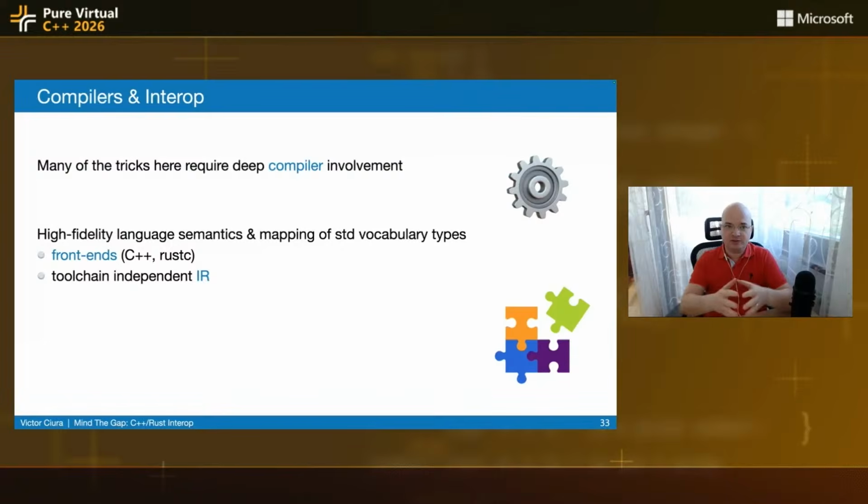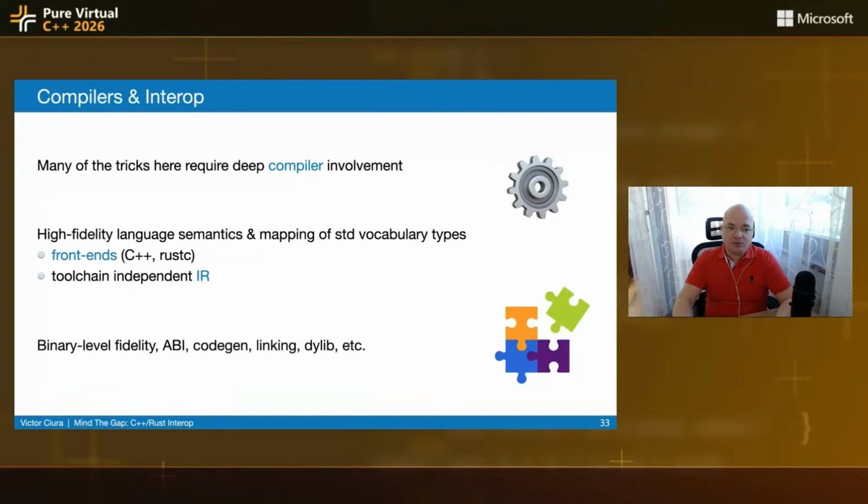We don't want to tie an interop solution to a specific compiler representation. We want to favor open, extendable solutions that allow all compilers out there to interact on the C++ and Rust side. So first, we care about binary level fidelity, ABI, codegen, linking, dynamic libraries, and all sorts of other things that require deep compiler integration.